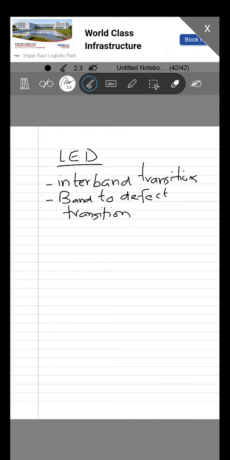And lastly, there's an intraband transition.